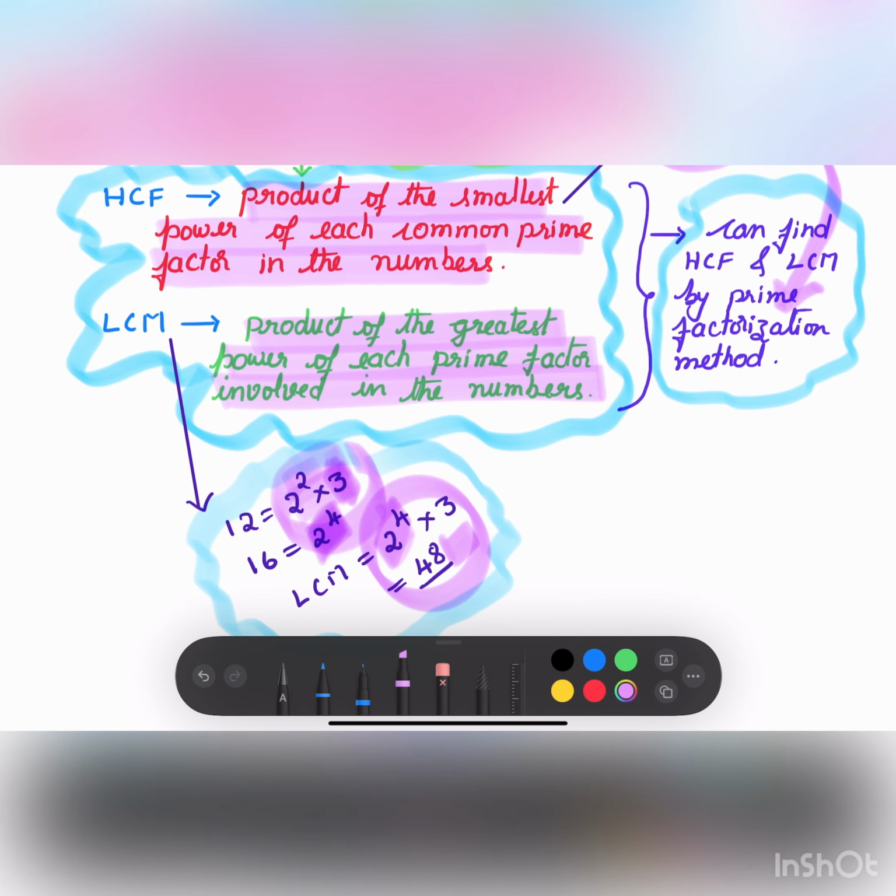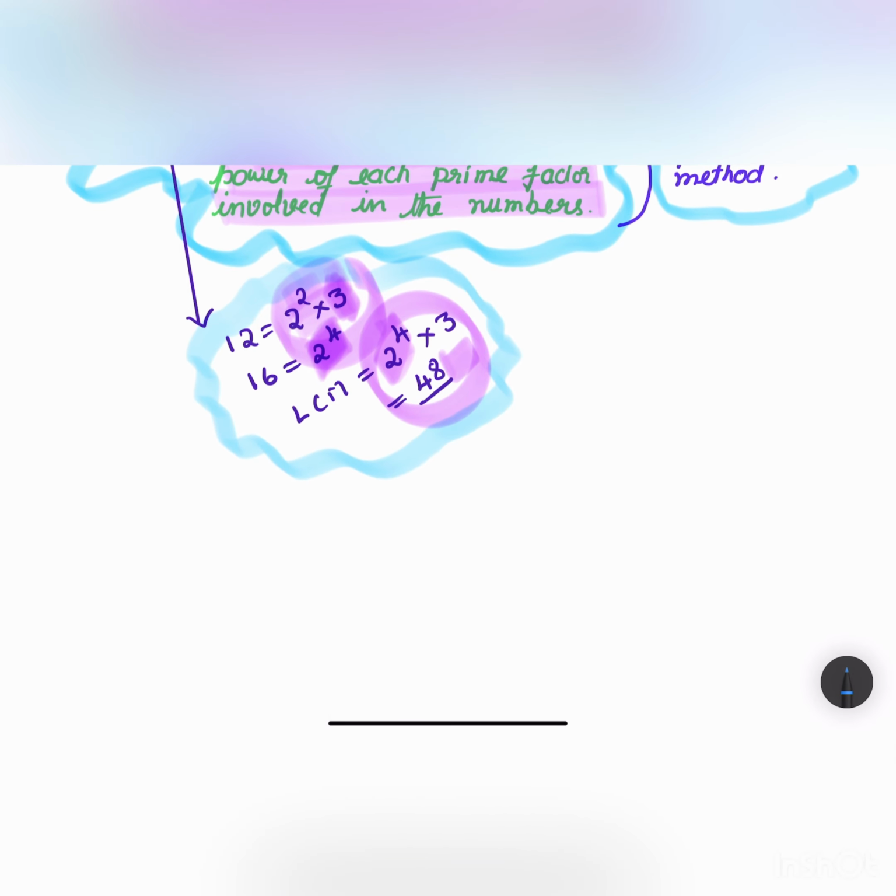Now, not only this, we also have to learn about numbers like 4 power n. If I take 4 power n, where n may be 1, 2, 3, etc., if I take 4 square, then it is 16.